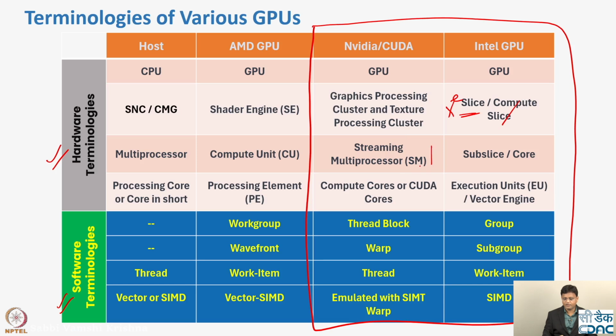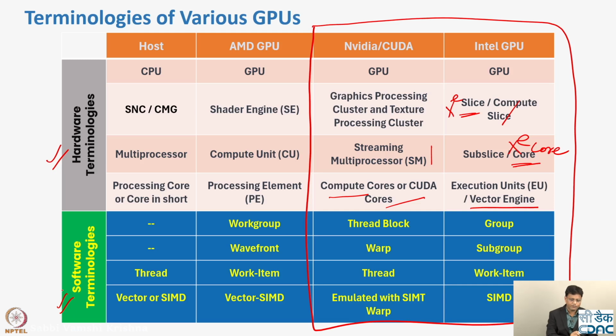If I do the comparison with Intel, you can find the Xe core, which is a new terminology. Within the streaming multiprocessor there are compute cores, also known as CUDA cores. But when we look inside the Xe core of an Intel GPU, you will find the vector engine. So, these are the hardware terminologies that the two vendors have followed in their architectures.